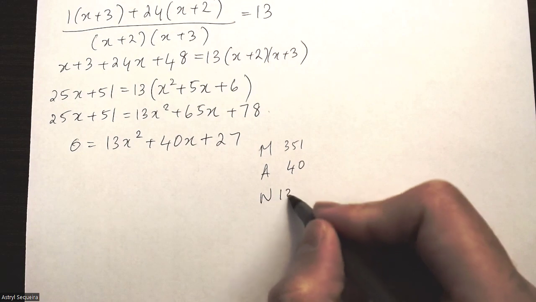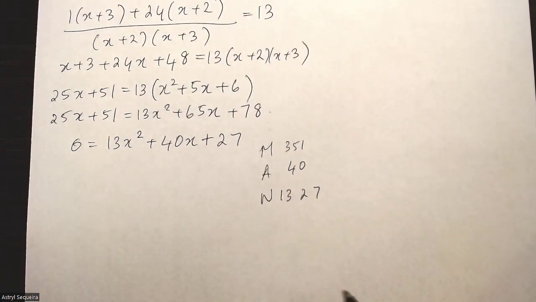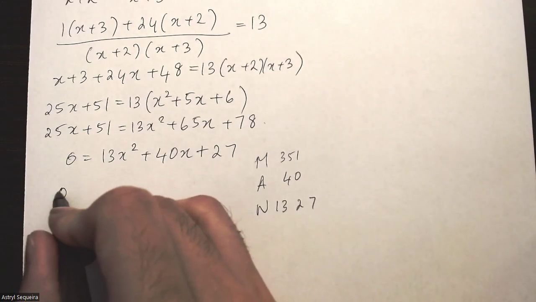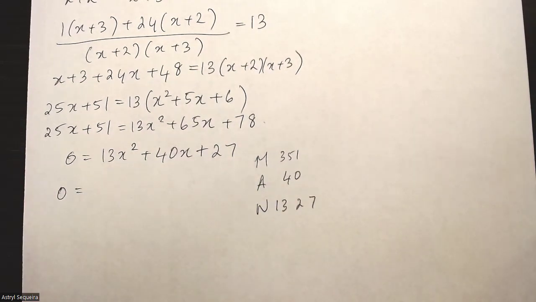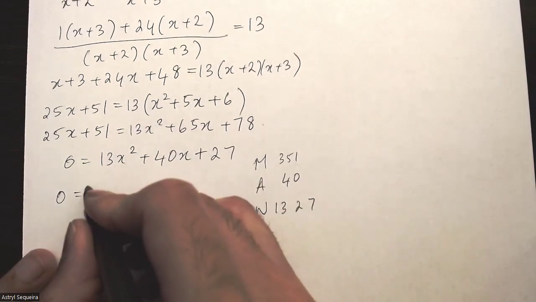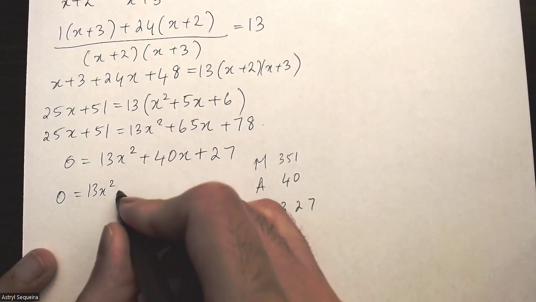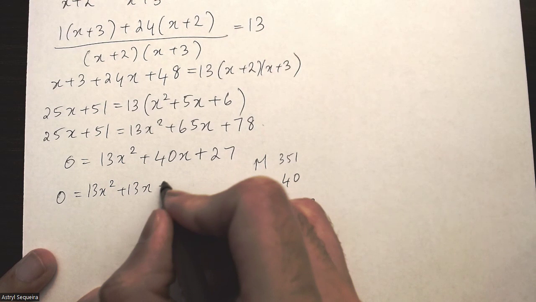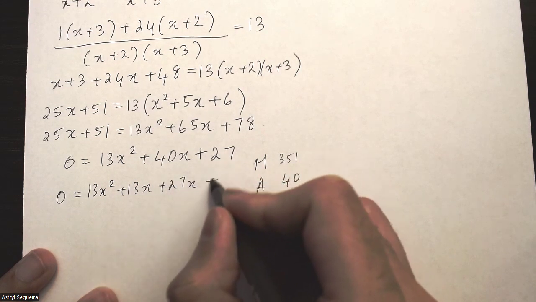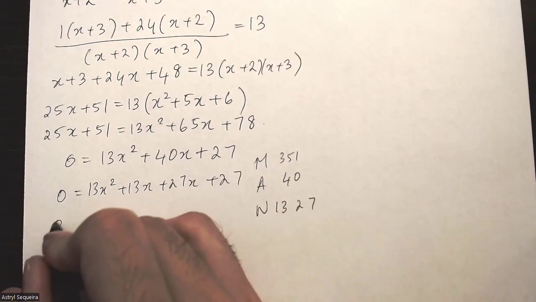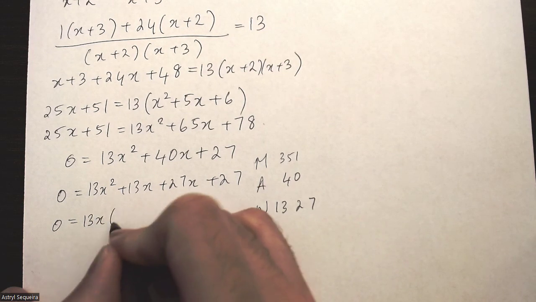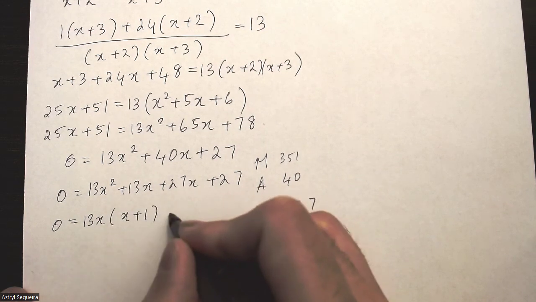So my two numbers are just 13 and 27, the two numbers given in the question, which means that I'm going to factor 13x squared plus 13x plus 27x plus 27. I'll common factor out 13x over here, and I'm left with x plus 1.